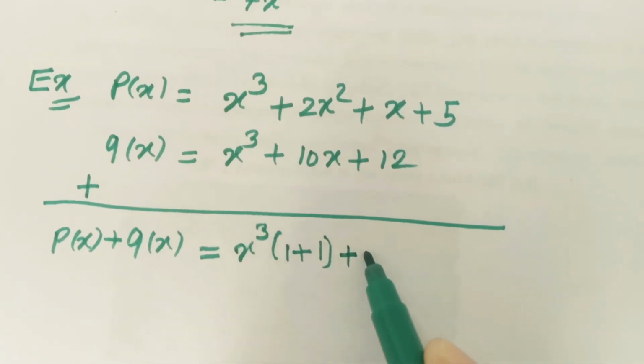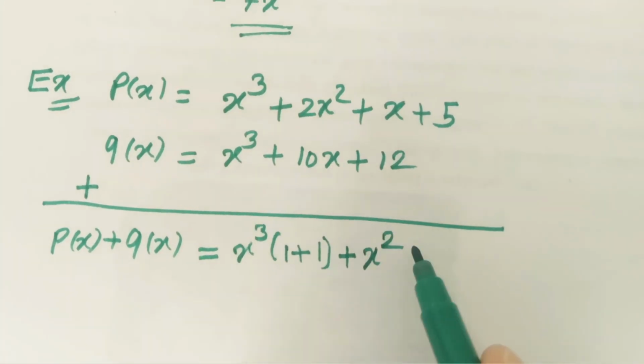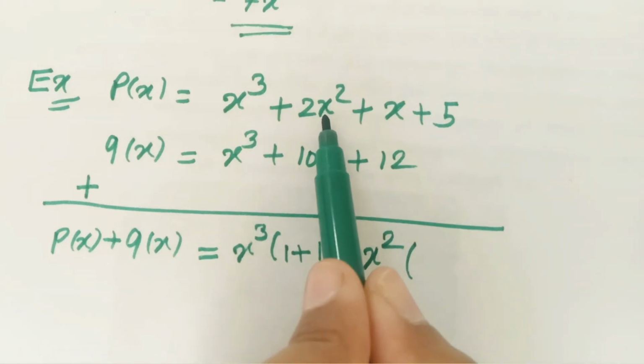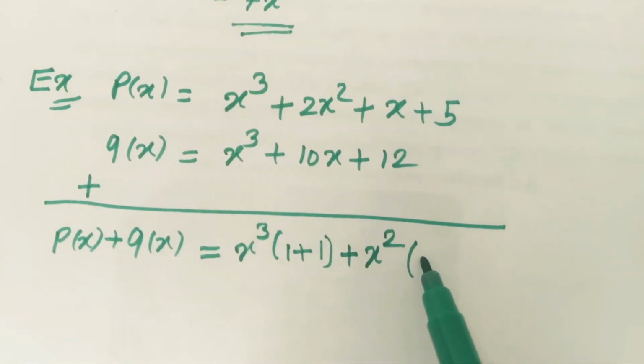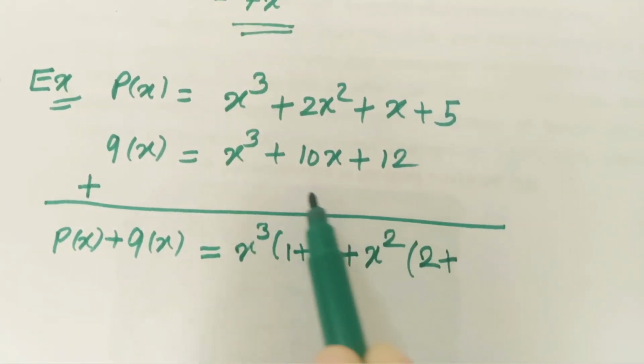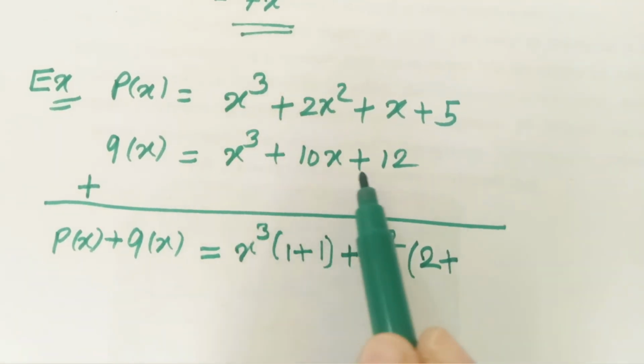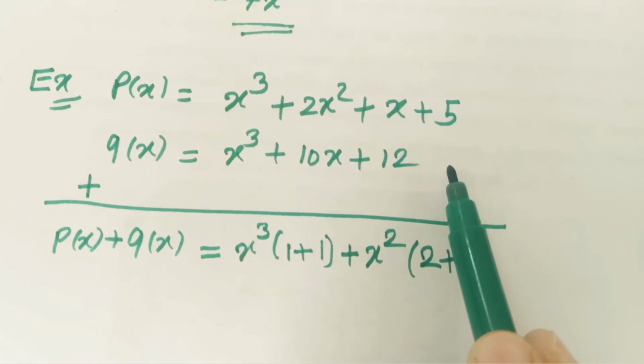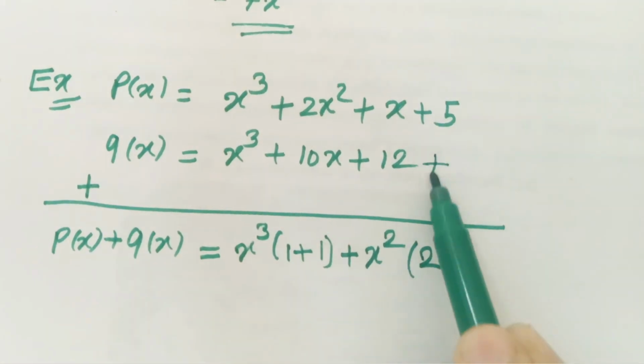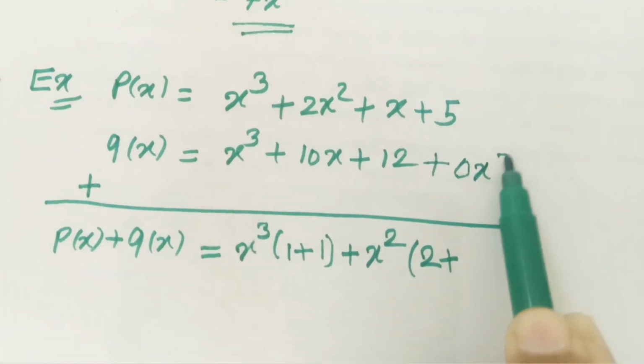Similarly, if we take x square common, then the remaining is 2 in the first term, and in the second term x square is not contained. If any term is not contained, that means you can take 0 x square instead of the absent term.